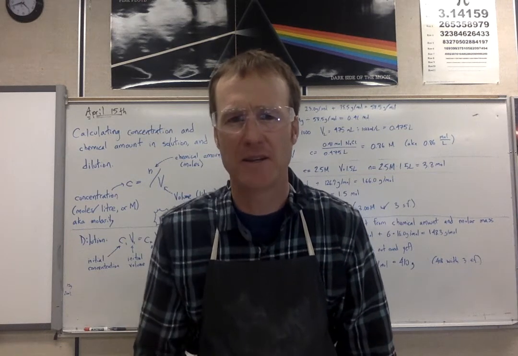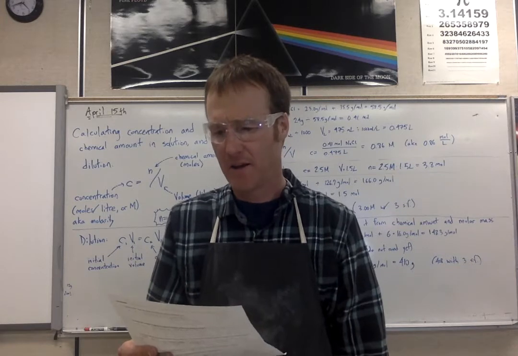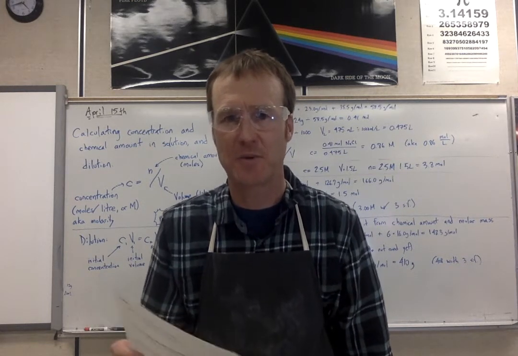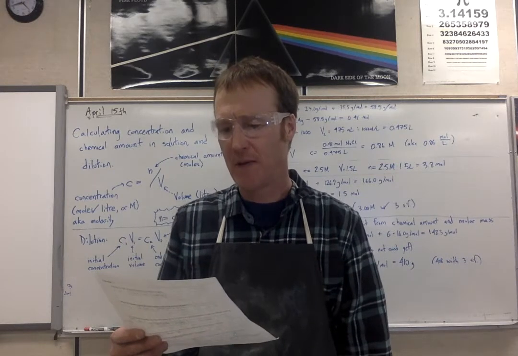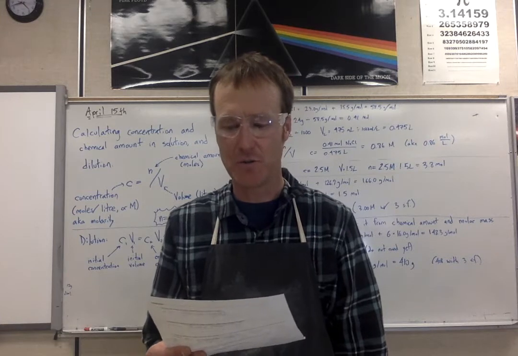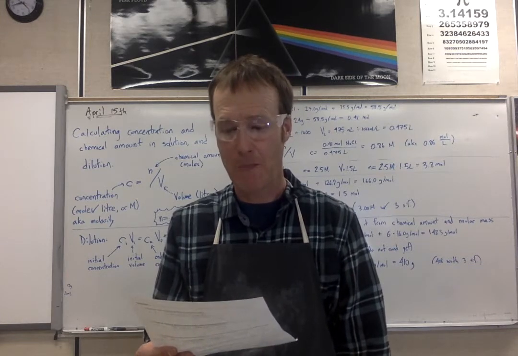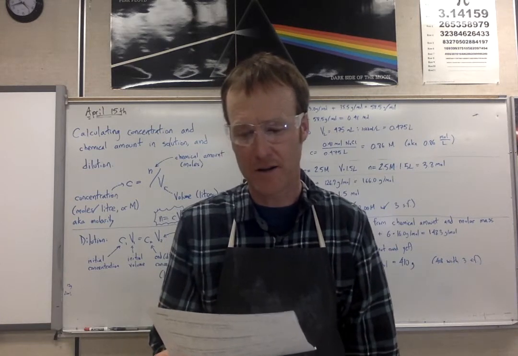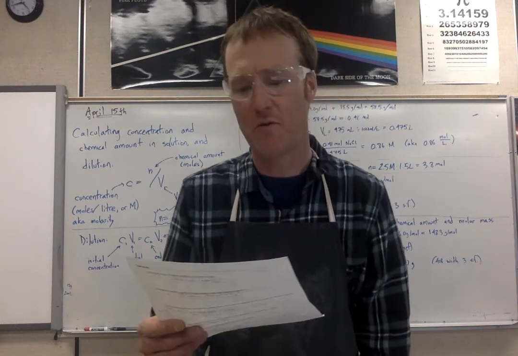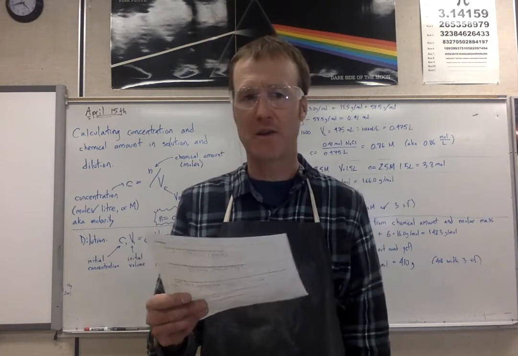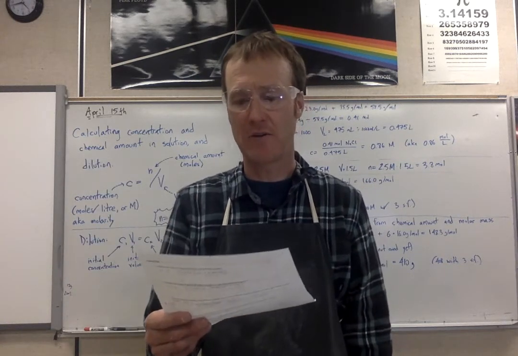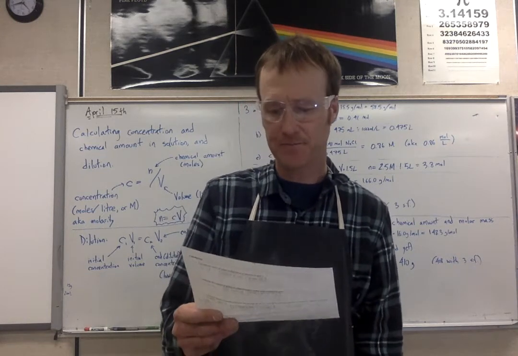The only issue that makes this one the tiniest bit harder is that in both cases we've got units being expressed in milliliters, and we also have to worry a bit about sig figs. We're only going to have, I would say, 2 in the final answer. Otherwise, C1 equals C2 V2 over V1. When you plug that through, just like you saw on the board, the answer, correctly rounded, is 4.6 molar.